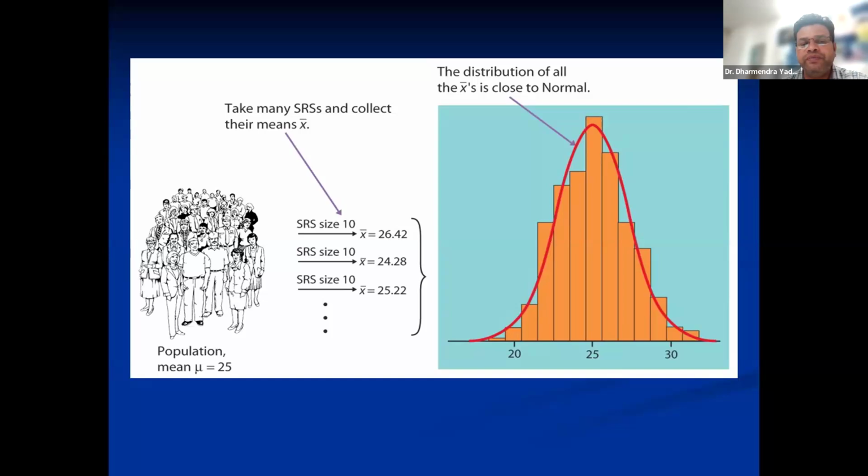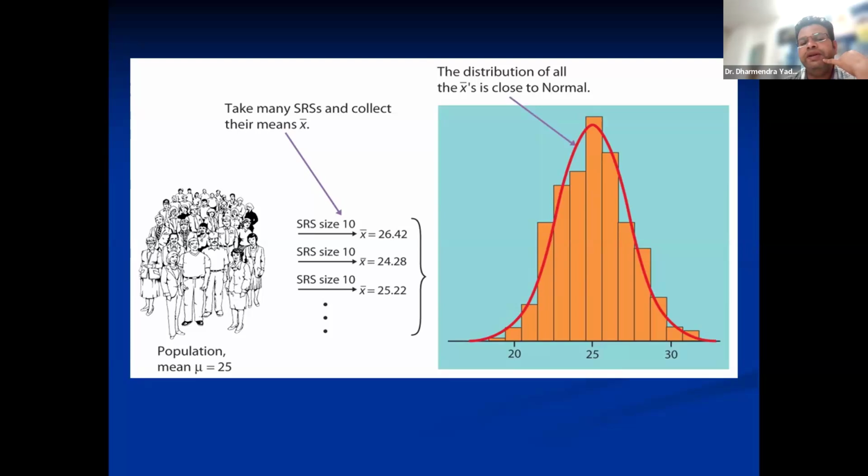The population mean from a previous study is 25, say 25 kg. The 3 samples, all of size 10, have different sample means: 26.2, 24.28, and 25.22. But the population mean is 25. Now we check which sample will be used for our inference purpose.